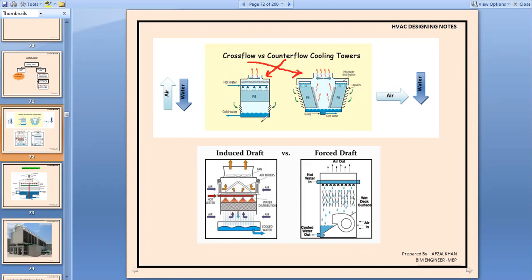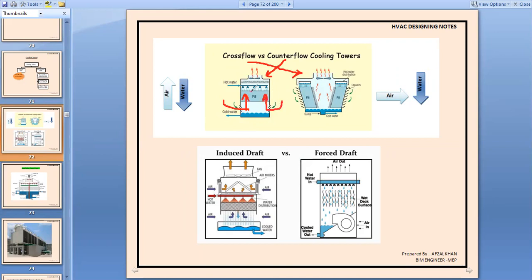In this cooling tower we have PVC fillings, sprinklers, and this is your fan. Hot water is coming here, cold water is going from this side. Now in this case, one thing you notice is that the air we are taking from the bottom side will go up this side, and we are taking air from this side and it goes up this side.